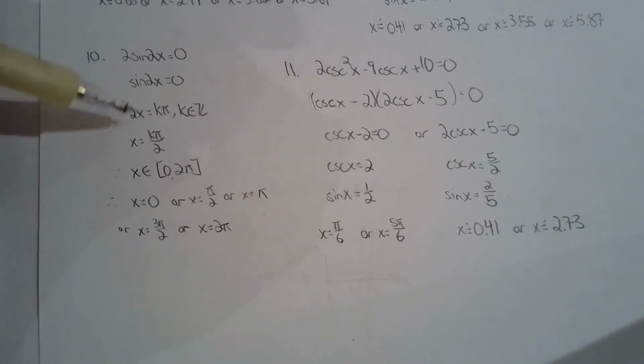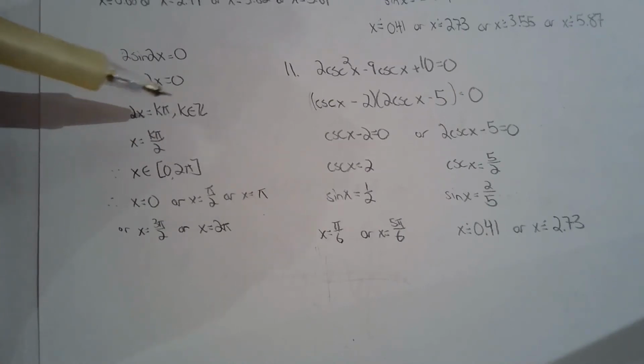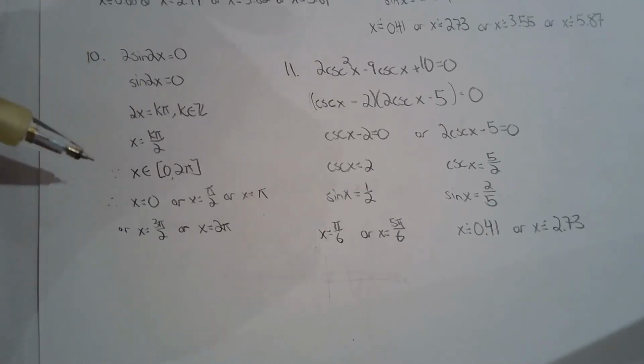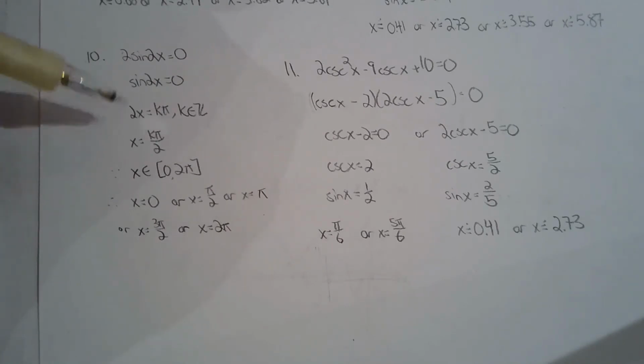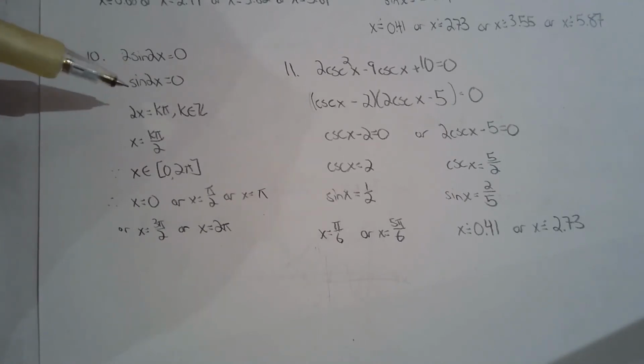If you did not find the infinite solutions, if you just did 2x equals 0, or 2x equals pi, or 2x equals 2 pi, you're just going to get 3 solutions, and you'll miss out on 2 of them. So I strongly recommend, if you have sine 2x, you're going to get more solutions.